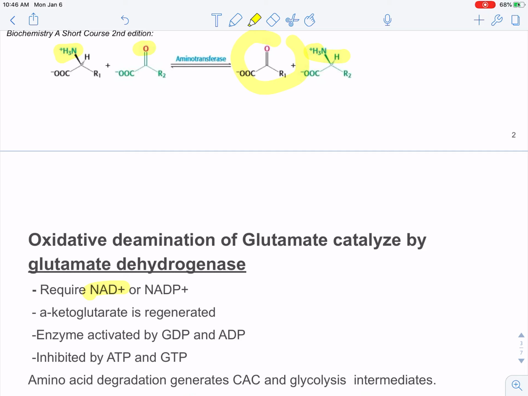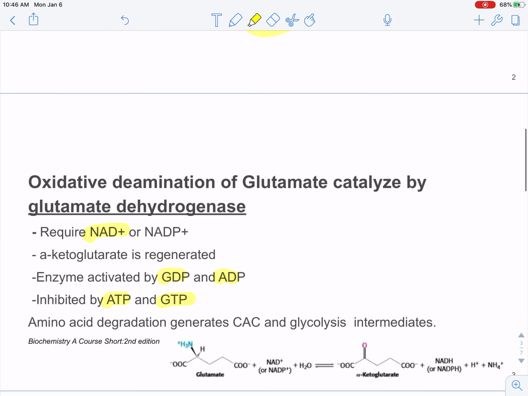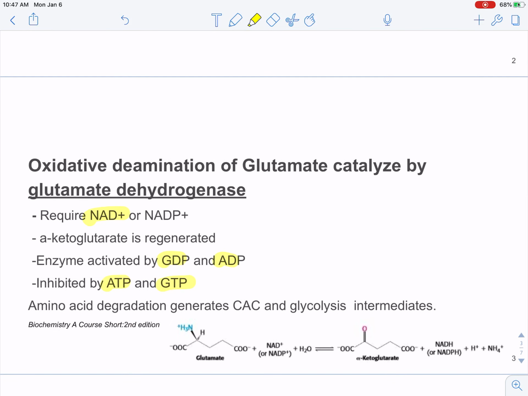The enzyme, glutamate dehydrogenase, is activated when we have low levels of GDP and ADP, and inhibited when we have high energy levels, ATP and GTP. The process leads to the generation of citric acid and glycolytic intermediates.